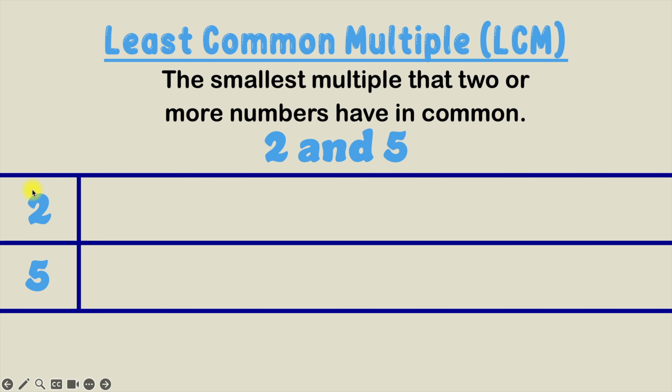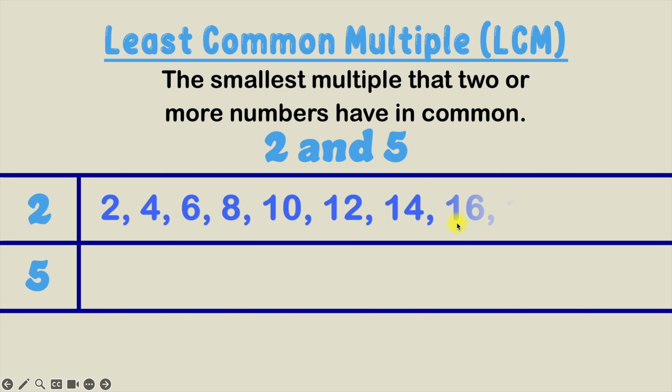It doesn't have to be exactly 10, but maybe the first 8, 9, or 10. Just start writing multiples. So let's go. 2, 4, 6, 8, 10, 12, 14, 16, 18, and 20. So those are the first 10 multiples for our smallest number 2.